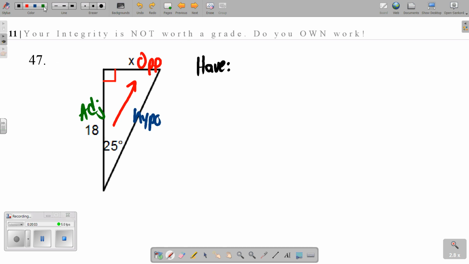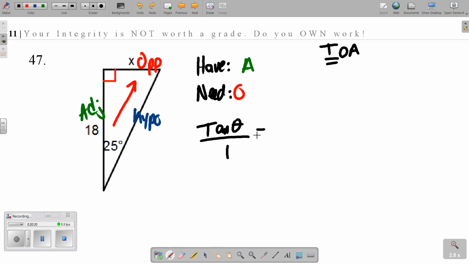We have our adjacent. We need our opposite. We ask ourselves what goes with an OA combo, and that, of course, is TOA. Make sure you write exactly this out. Tangent of theta over 1 equals opposite over adjacent.